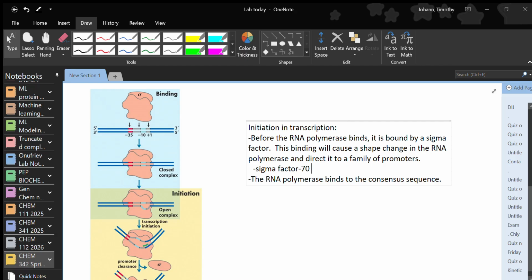You centrifuge them, and you see where, in a gradient, they end up, essentially. So it's not exactly a molecular weight, but it's kind of close to one. So sigma factor 70 is for, let's say, normal gene expression, or for gene expression in normal conditions.